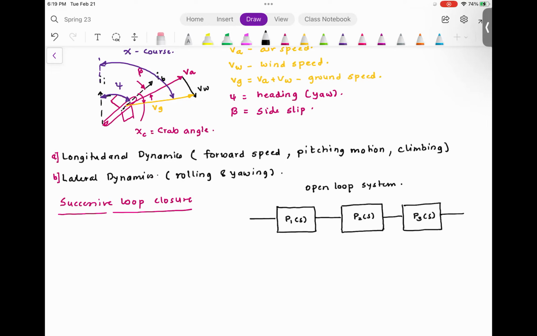These could be like control of aileron, then using ailerons to control the heading, using heading to control something else. So basically you have these cascaded transfer functions. So what this means is you have this dynamical system, you have this second dynamical system, and you have this third dynamical system. Everyone understood this?